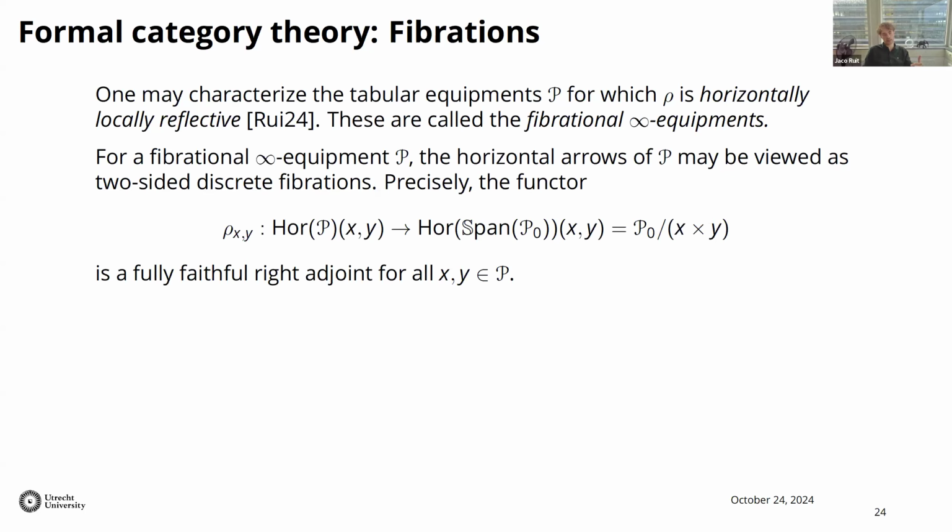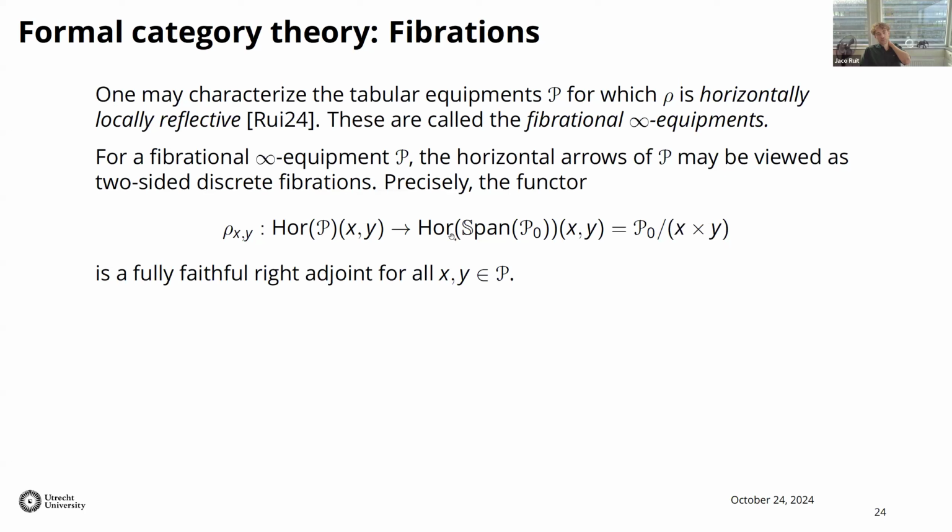What this precisely means is that this functor rho(x, y) is fully faithful and also has some left adjoints. So it's some sort of a reflective subcategory. Again, I should have said what Hor P(x, y) means. This is the infinity category of horizontal arrows from x to y and horizontal two cells between horizontal arrows. And then you have this identification.